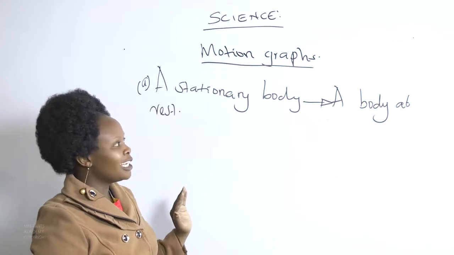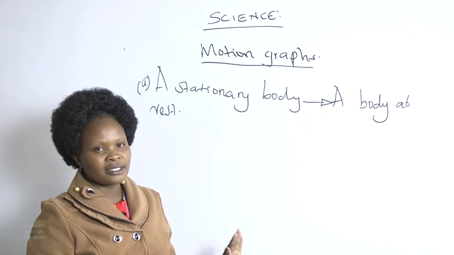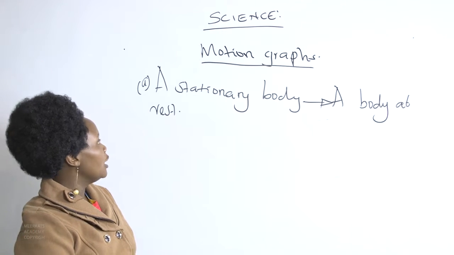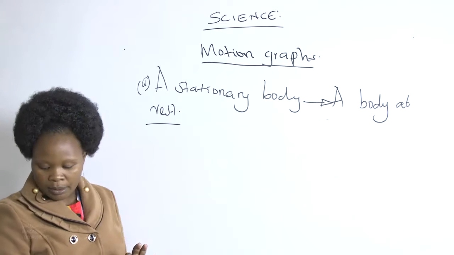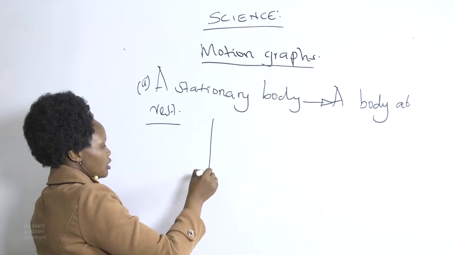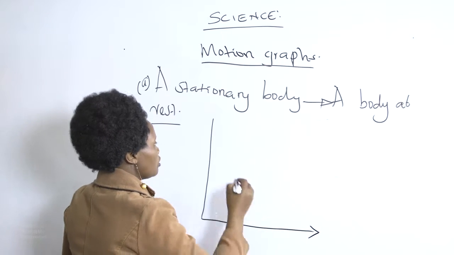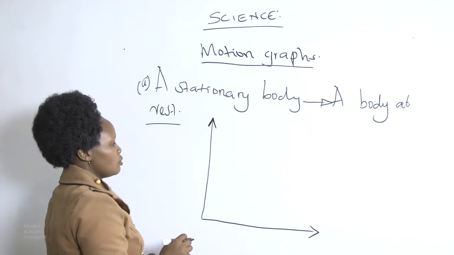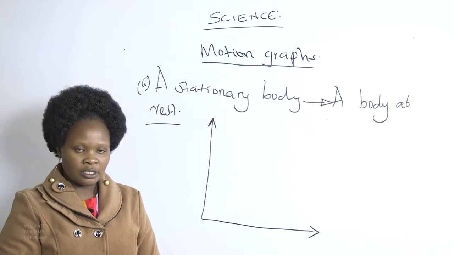In other words, it covers zero distance. The body is at rest, therefore it covers zero distance though time passes on. And we would like to show that kind of motion in graphical terms.